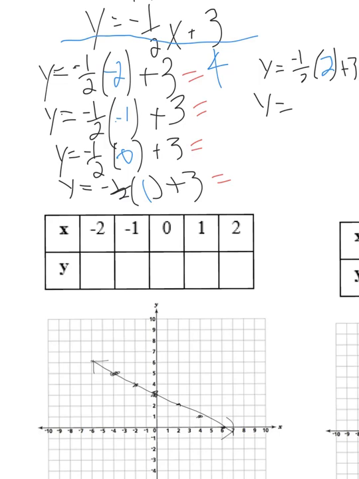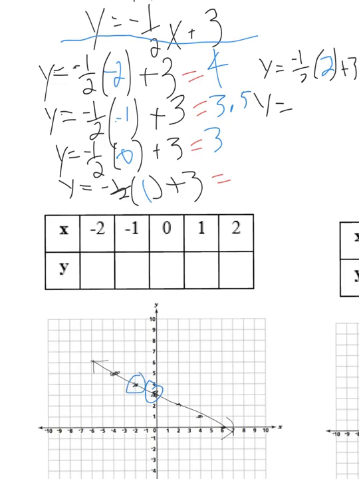Negative 1/2 times negative 1 plus 3 is going to be 3.5. You should be counting down by 0.5s basically. See, negative 1/2 times 0 plus 3 is 3. And you see that right there. And we did see negative 2 comma 4 also right there.